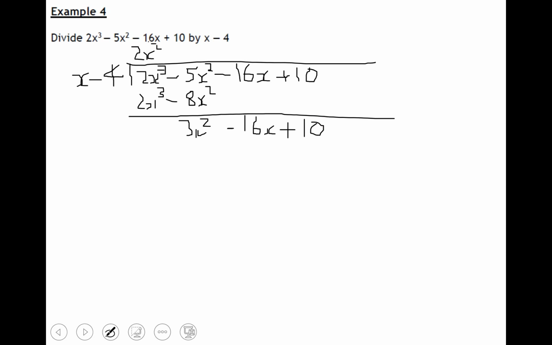What do we multiply x by to get 3x squared? Plus 3x. 3x times x is 3x squared. 3x times minus 4 is minus 12x. Subtracting, minus 16x minus minus 12x is minus 4x.